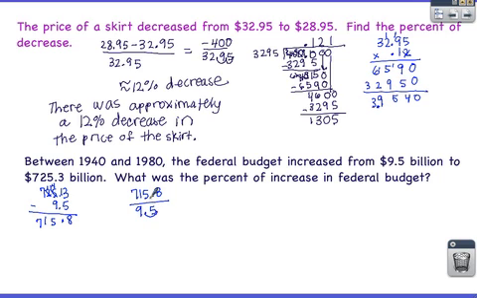I can multiply both by 10, so I have 7158 divided by 95. 95 goes into 715 7 times, which gives 665, and when you subtract, you get 50.